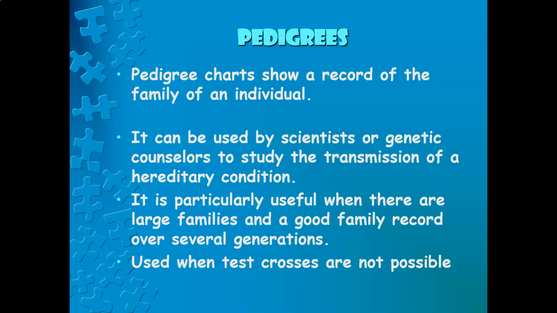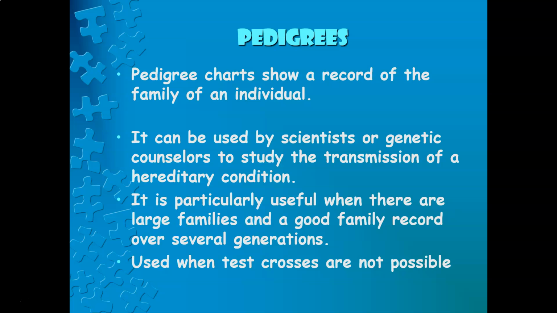That being said, pedigrees really are only useful if I've got large families, because I still need a lot of data, and two, only if that family has kept really good records of characteristics over long periods of time. So I need to be able to produce a pedigree from somebody who knows a lot about their family's medical genetic history.